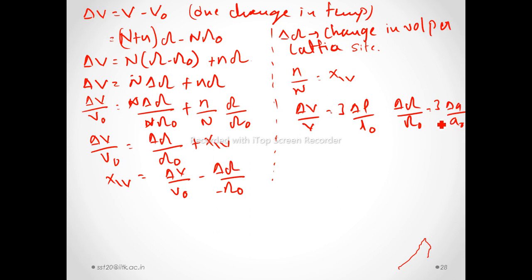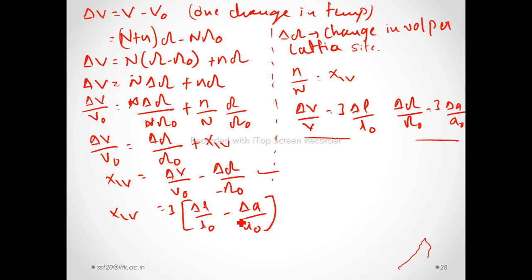Substituting these two values in this equation, x1v can be given as 3 into (delta L by L naught minus delta a by a naught). This is the method from which we can calculate the vacancy concentration.